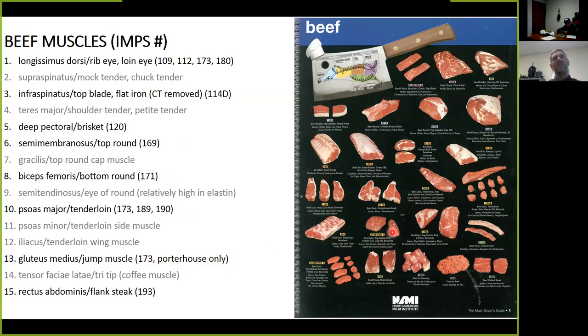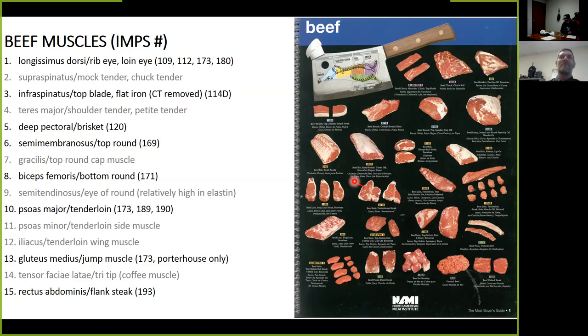So this is 173, but only this one has the jump muscle. Now I'm going to draw that in here. That muscle right there is the porterhouse muscle, the jump muscle. And if you have a jump muscle, you have a porterhouse steak.